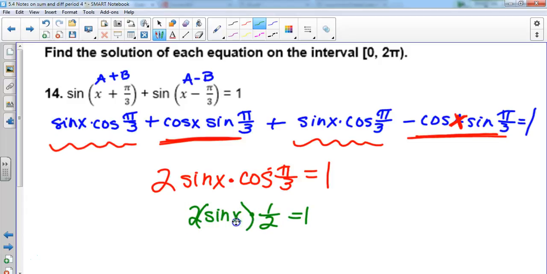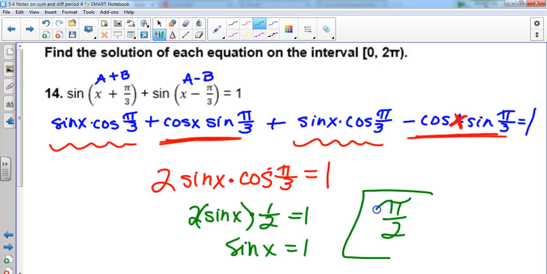I have 2 times the sine of x times a half equals 1. Yep, so we just get sine of x is 1, which is true at pi over 2. That's it. Wasn't that fun?